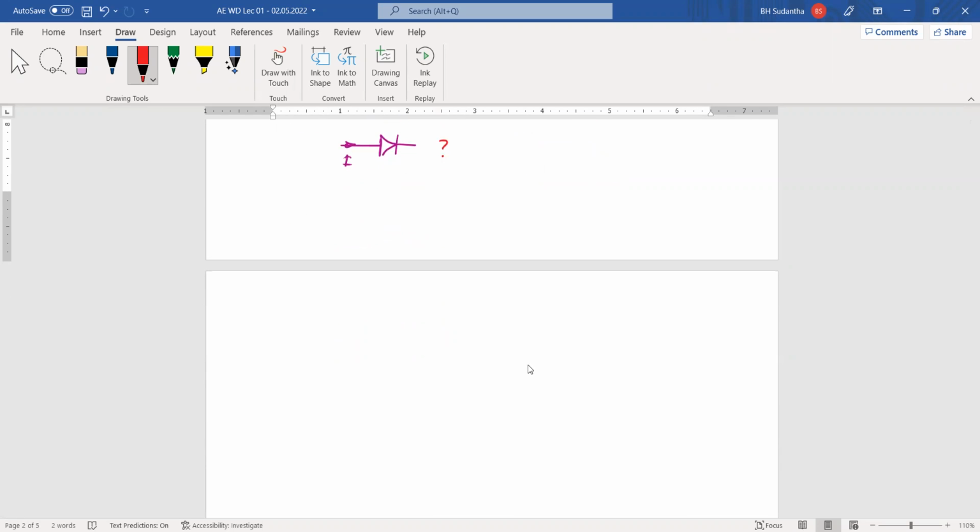We can apply a certain voltage. Now this is our diode. We can apply a voltage here.